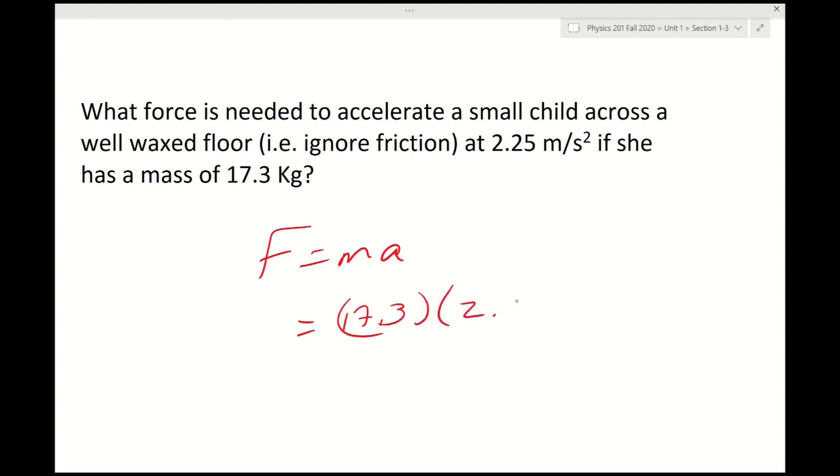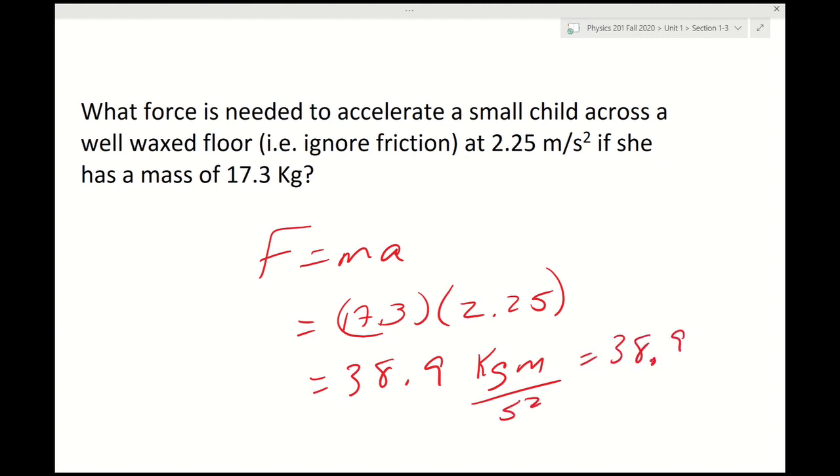The total force needed is 38.9. The units, kilogram meter per second squared, or more commonly, this is a derived unit that we call a Newton. No big shock as to where the name came from on this one.